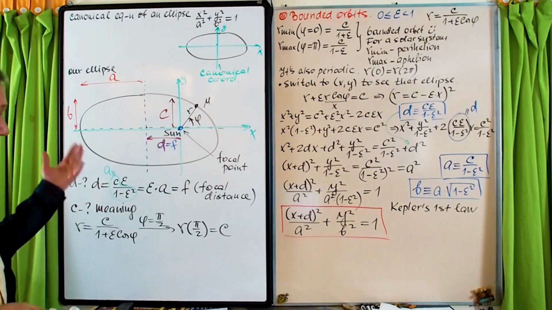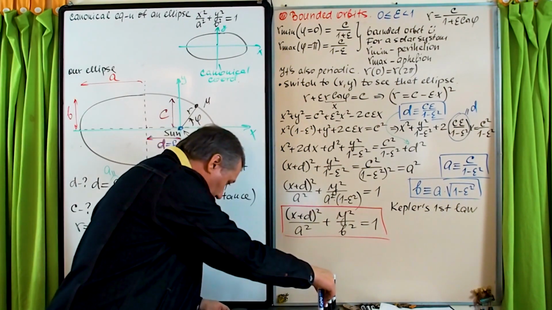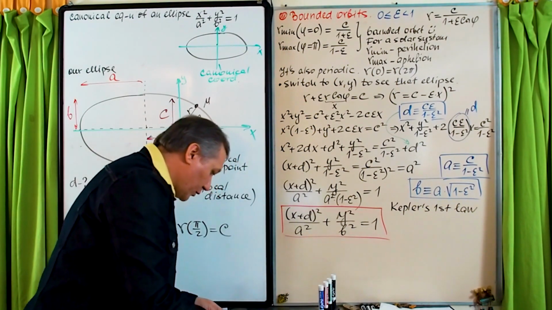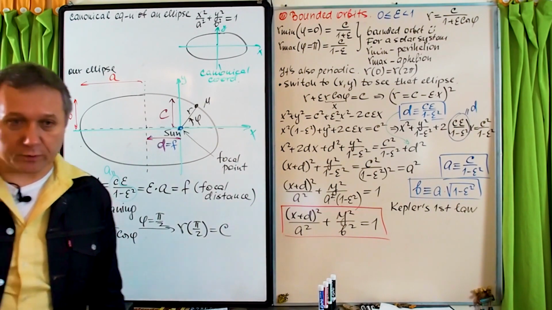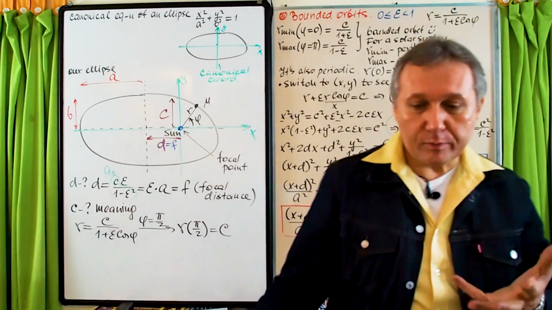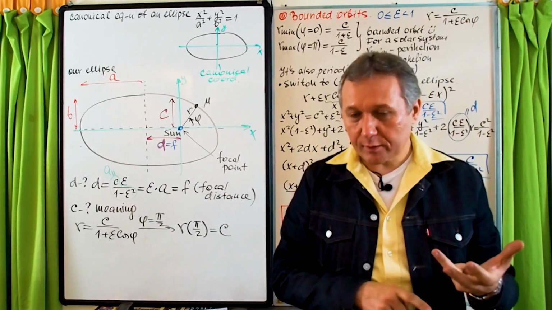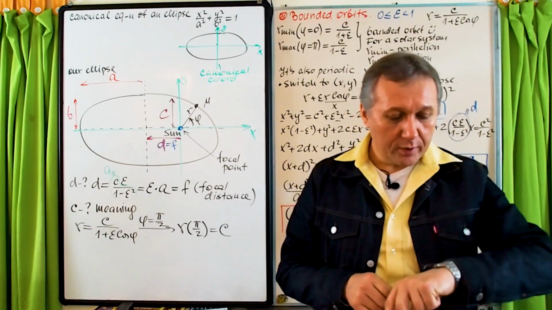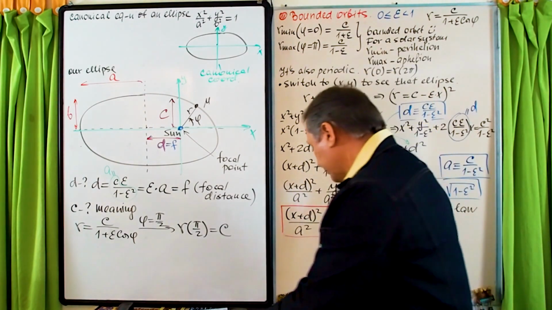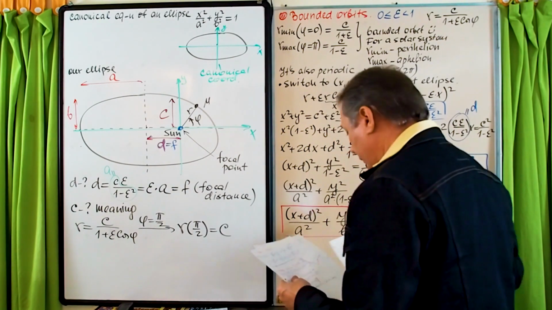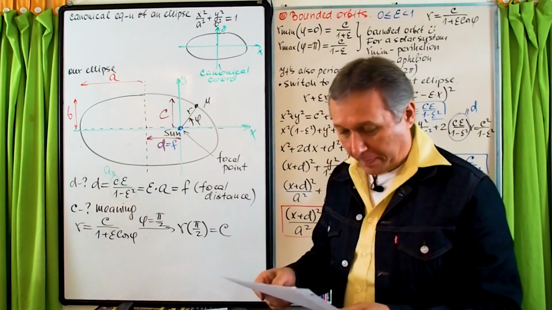So now, I think that's it. Basically, we proved Kepler's first law. So now we have proved Kepler's second law and Kepler's first law. Next class, quickly, I need to prove Kepler's third law.